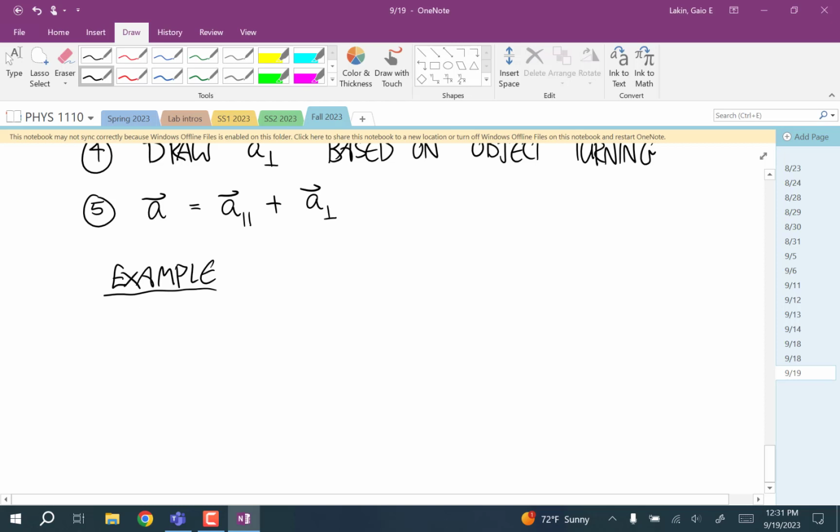Okay, so the first one is an object is just moving along a straight line with a constant speed.